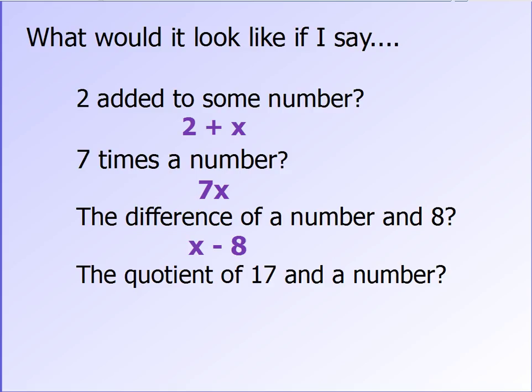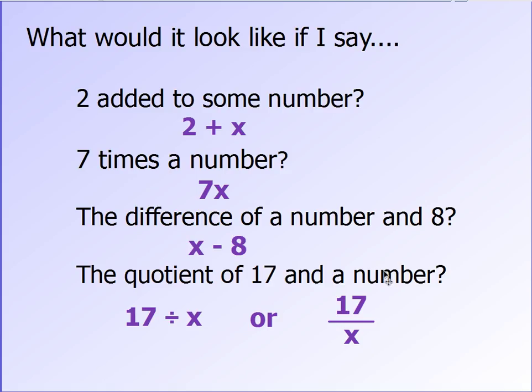Since quotient means to divide, we're taking 17 and dividing our variable, dividing our unknown. And we could write that as 17 divided by x with a division symbol, or more commonly from here on out, you're going to see it written as fractions. A fraction line is a division symbol. So this means 17 divided by x.